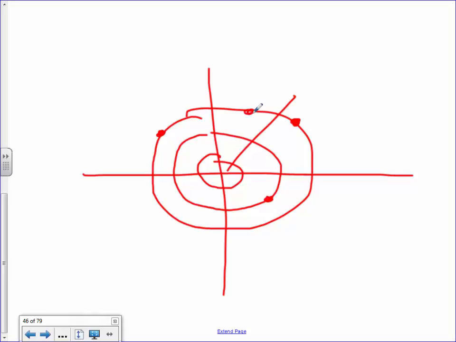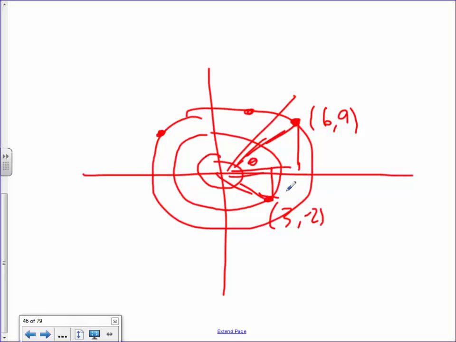When I think of sonar, I think of Soviet Cold War movies, Hunt for Red October, where you're trying to figure out where these boats are. And what you could almost do is plot this boat and say this boat is at 6, 9, and this boat right here is at 3, 2. You could then make some triangles and figure out an angle between you and all of these other boats that are around you in 360 degrees. That's what I want to show you how to do next.